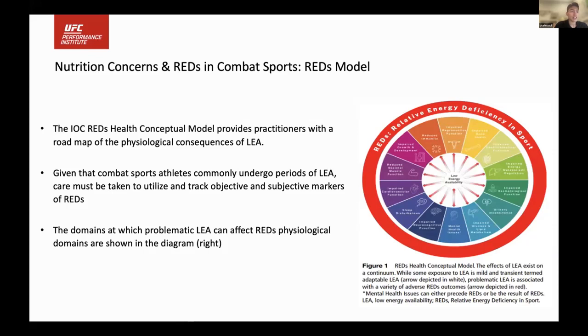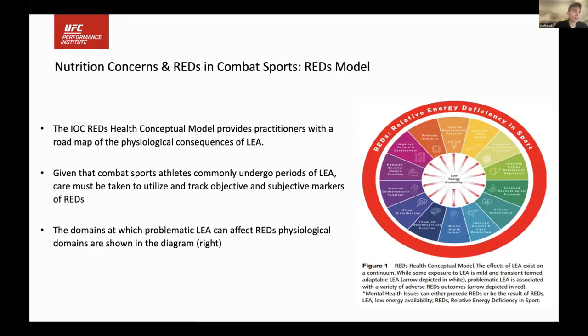And I think it's quite empowering, if anything, because it allows us to make actionable changes to an athlete's health and performance trajectory. Given that combat sports athletes commonly undergo periods of low energy availability, I really want to stress that care must be taken to utilize as well as track the objective as well as subjective markers of REDs.